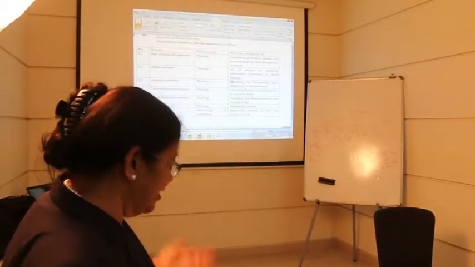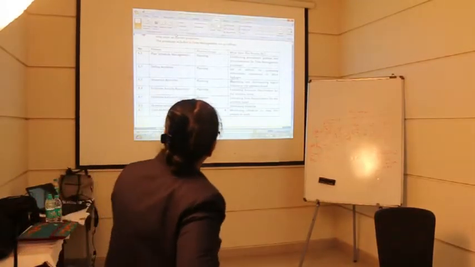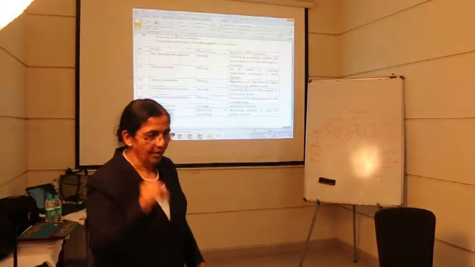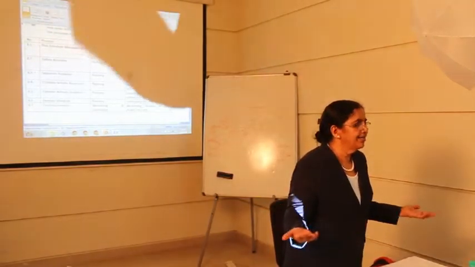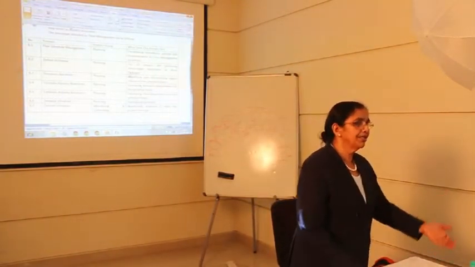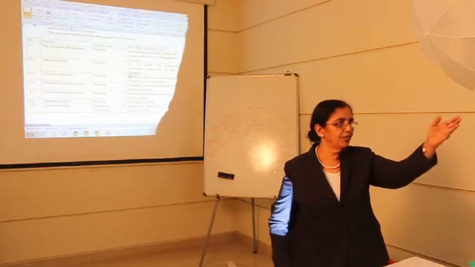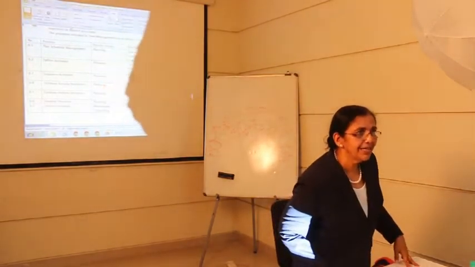So for each activity you will plan what type of and how many resources you need. Once you have that, you will be able to find out what is the time requirement of every activity. And once you find that out, for 10 activities, 100 activities, if you find out the time duration, total time duration of your project is almost ready with you.